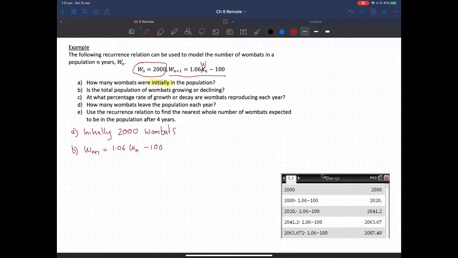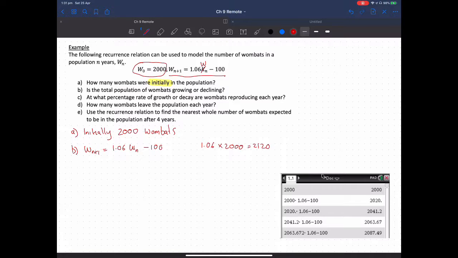If I look at the 1.06 and say, well, we're starting off with 2,000 wombats and go 1.06 times 2,000, what does that equal? Well, that's going to equal 2,120.